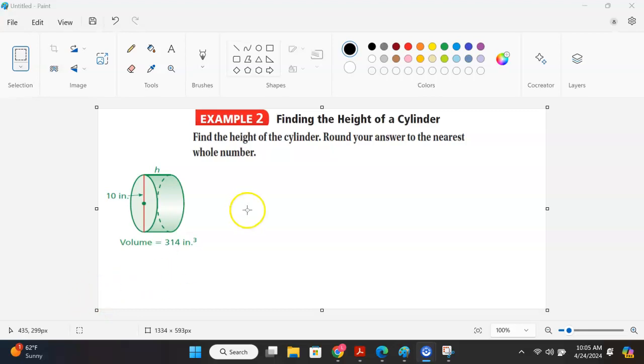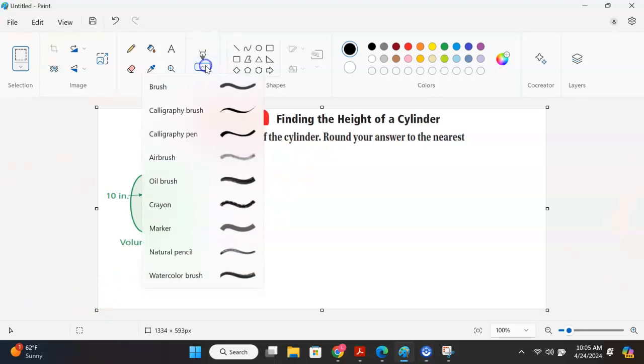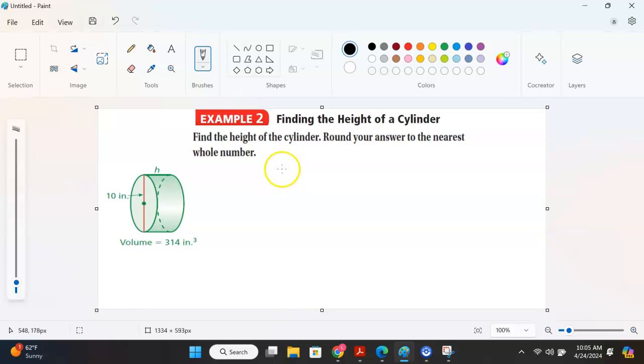Alright guys, so yesterday we learned how to find the volume of a cylinder, and the formula is V equals pi r squared h, okay? And pi r squared is the area of the base.